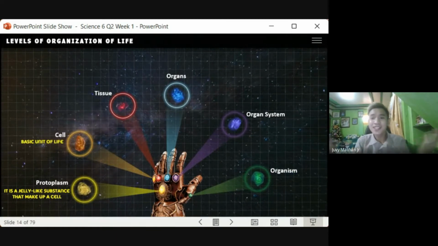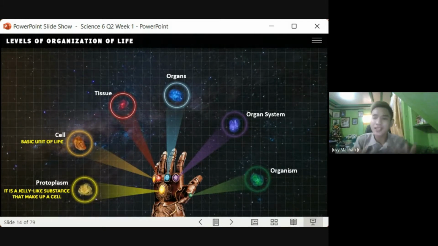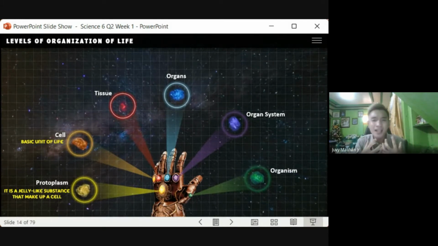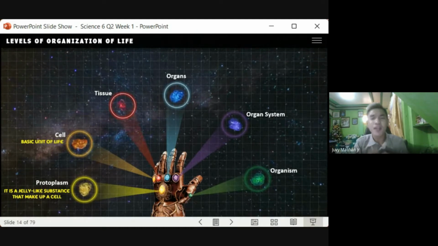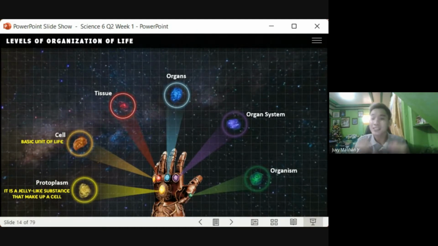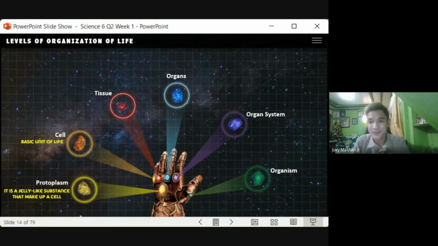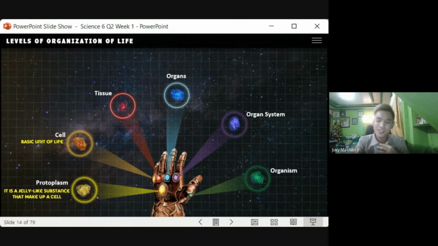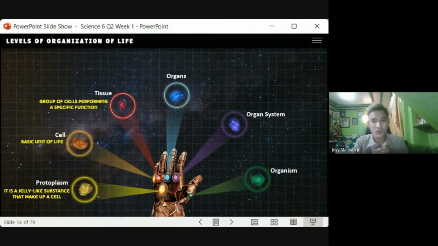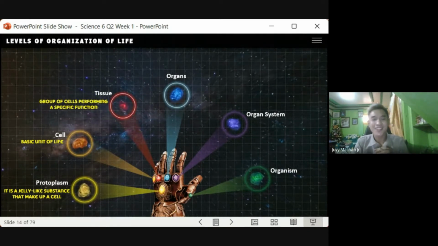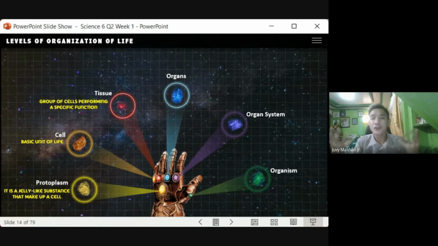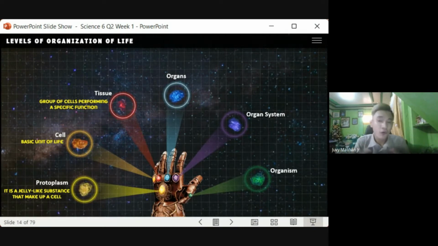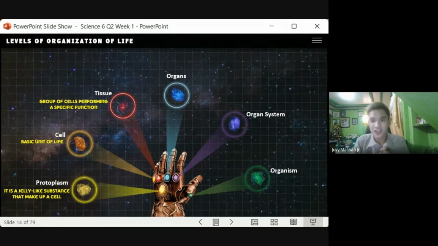So these cells, class, will be working together, and when these cells are grouped together, they will perform a specific function. When these cells are grouped together, this will form tissues. So tissues, class, are groups of cells performing a specific function.